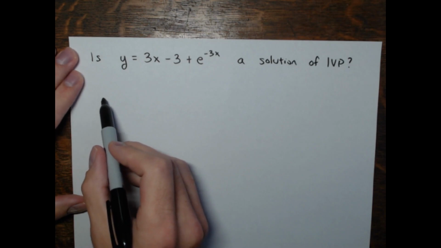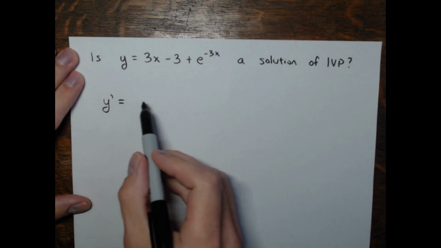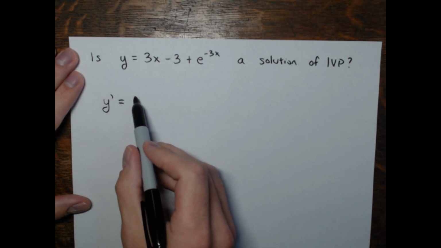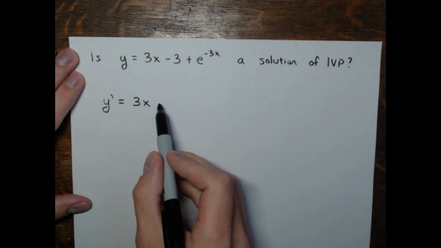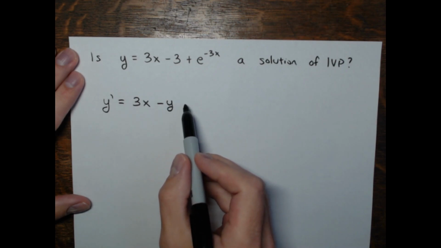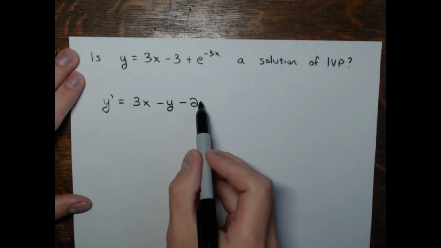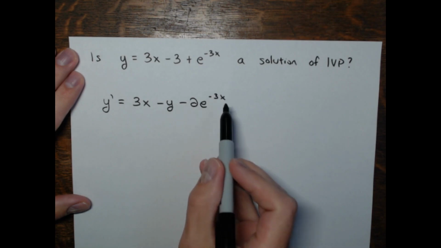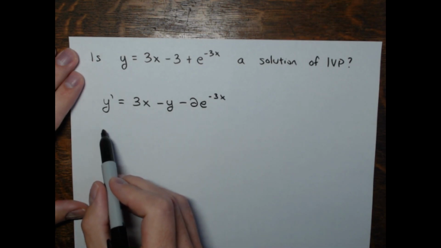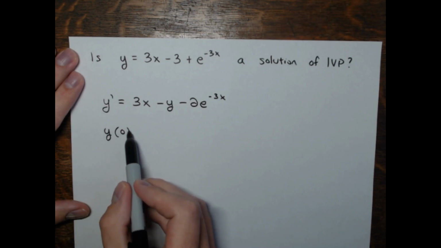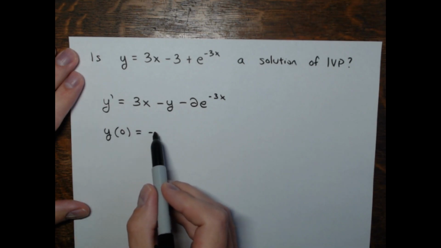Right, so the equation we need to satisfy is y prime equals 3x minus y, then minus 2 e to the negative 3x. And the condition that needs to be met is y of 0 must be negative 2, right?